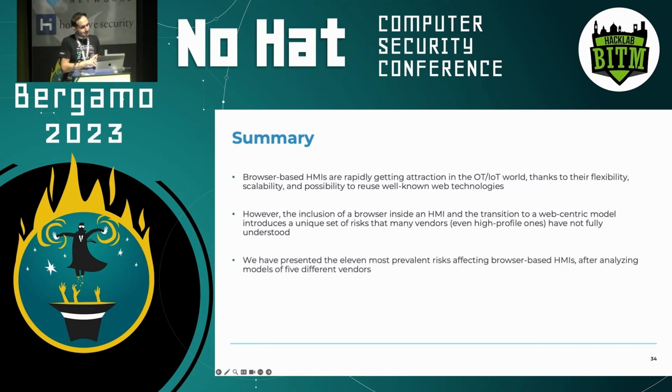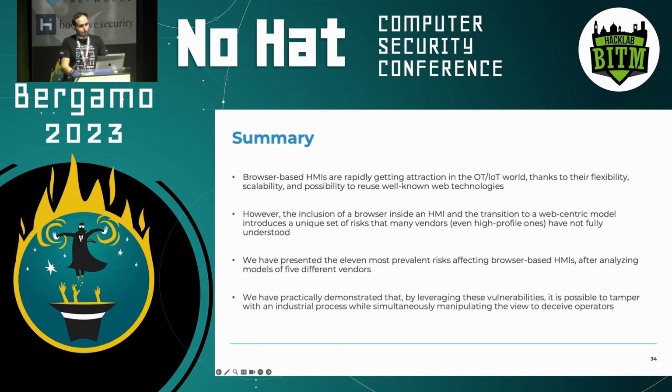We have presented the 11 most prevalent risks affecting browser-based HMIs today after analyzing models of 5 different vendors, and we have practically demonstrated that by leveraging these vulnerabilities, it is possible to tamper with an industrial process while simultaneously manipulating the view to deceive operators.